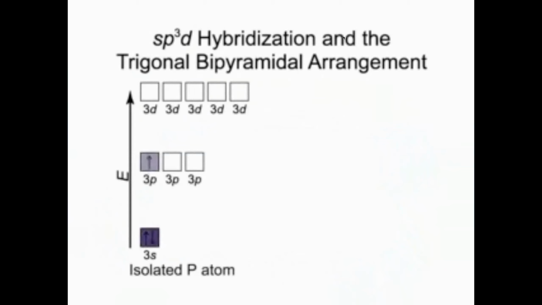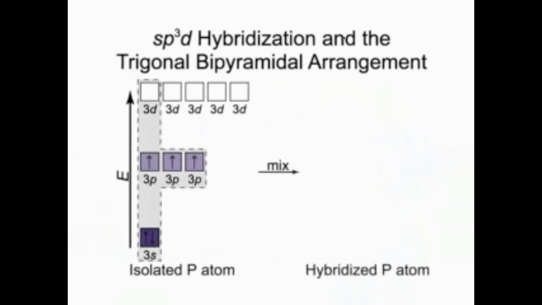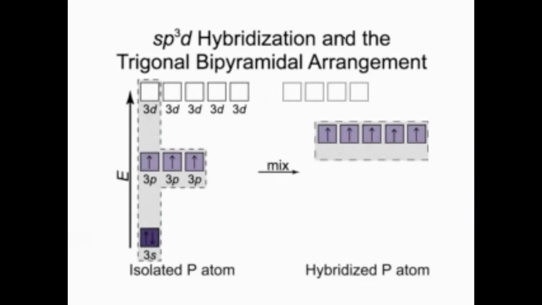In the ground state, phosphorus has a filled 3s orbital, three half-filled 3p's, and five empty 3d's. In PCl5, the 3s, all the 3p's, and one of the five 3d orbitals mix to form five half-filled sp3d hybrid orbitals. The other four 3d orbitals remain empty and unhybridized.